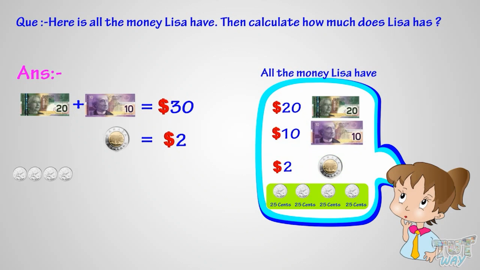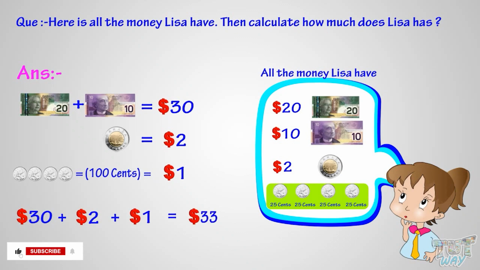Then we have 4 quarters. That will make 100 cents or $1. So in all, there are 30 plus 2 plus 1 equals 33. So Lisa has $33. Let's solve another question.